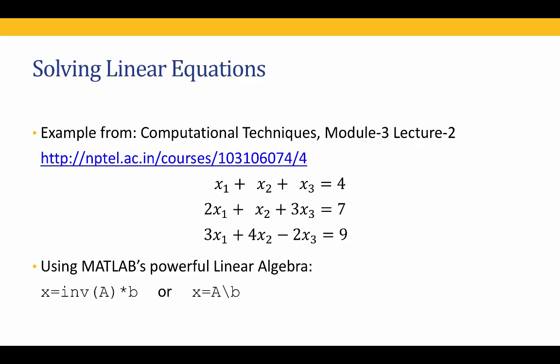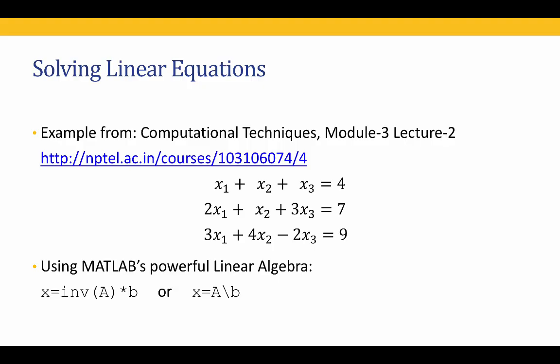Okay, we will write this equation as Ax equal to B, where the A matrix is going to be nothing but 1, 1, 1, 2, 1, 3, 3, 4, minus 2, and our B vector is going to be 4, 7, 9. In the previous lecture, we have seen that we can use MATLAB's powerful linear algebra suite in order to find the solution X, either using inverse of A multiplied by B or the backslash command.